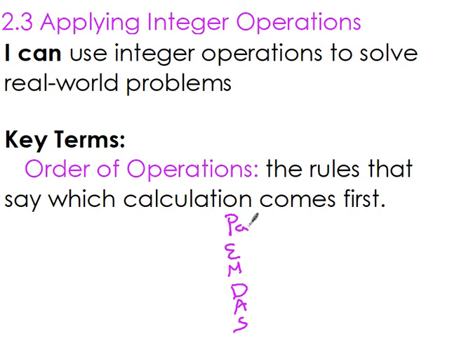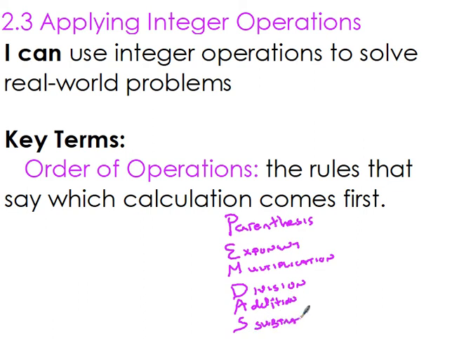And if we need to go even further, the P is parentheses, exponent, multiply or multiplication, D is division, and then addition and subtraction. Oh, put two S's. It's fine. You get the gist. Okay, so PEMDAS, that is the order of operations. That is what we use order of operations for, and that is the order in which those operations are supposed to be used.